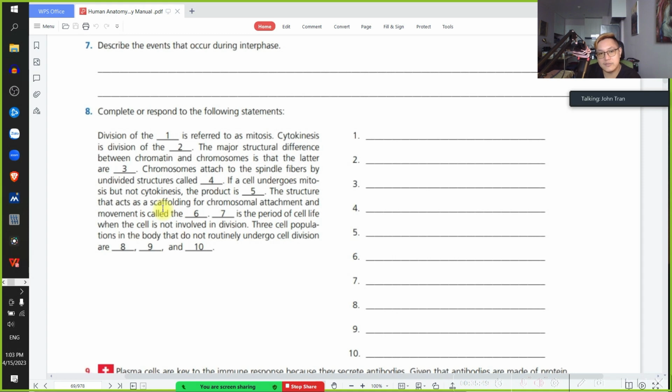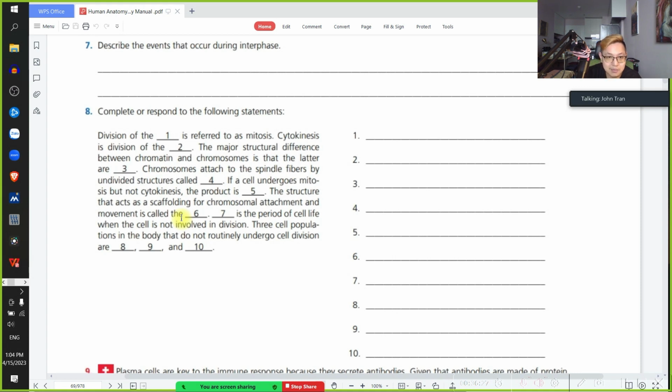The structure that acts as scaffolding for chromosomal attachment and movement is called the. Cấu trúc mà nó đóng vai trò như cái xương, như một cái khung để cho sự kết dính chromosome và sự di chuyển của chromosome được gọi là... Nó chính là cái centrosome.